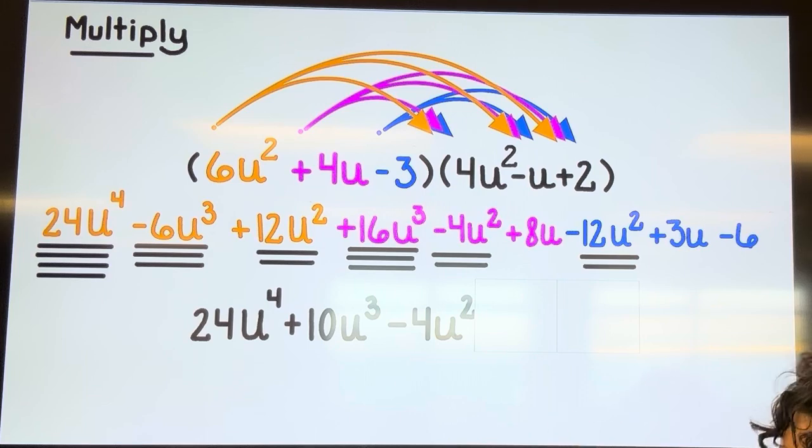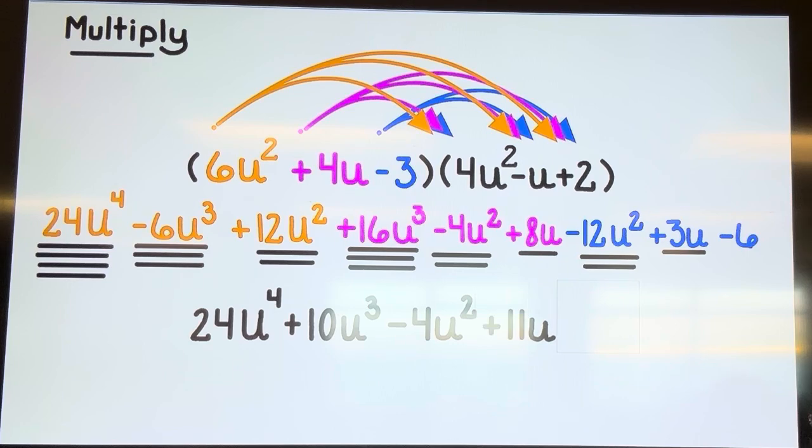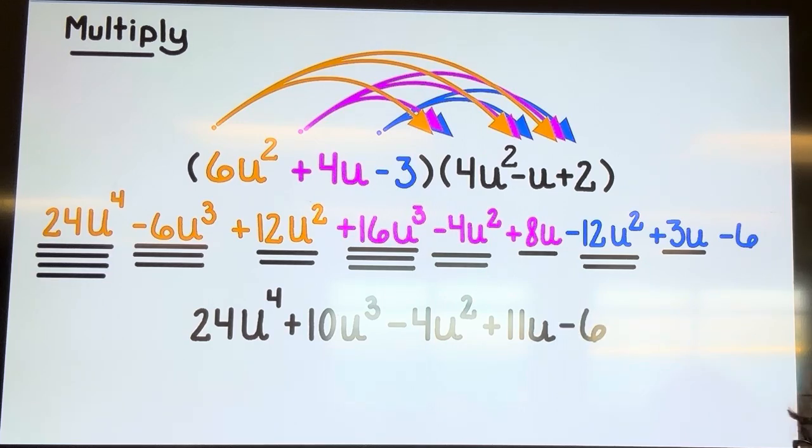And then u's, I've got a u here and here. So 8u plus 3u makes a total of 11u. And then this negative 6 doesn't go with anything, so I still have minus 6.